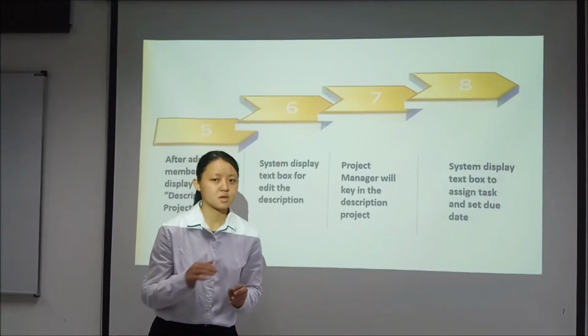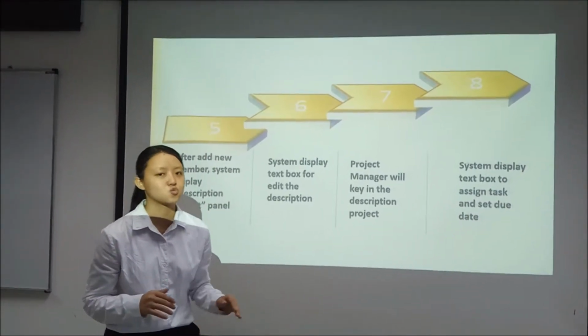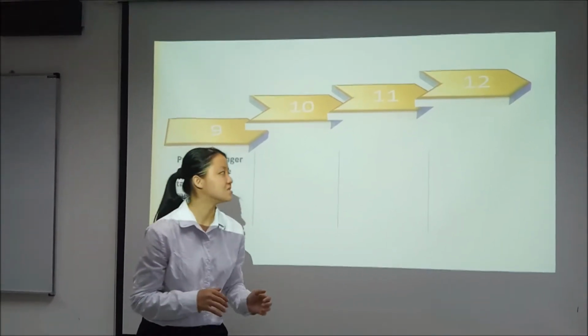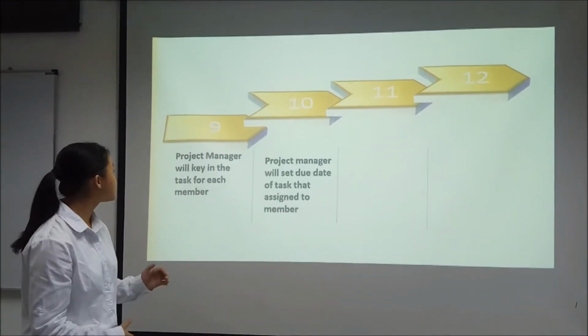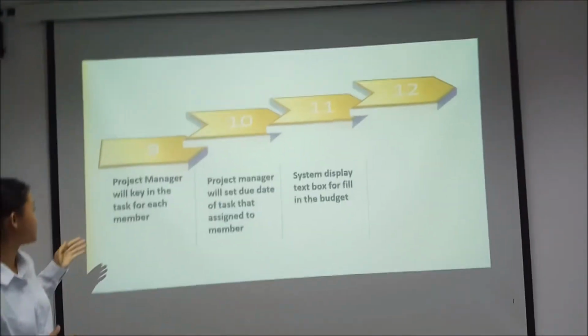After type the description, then project manager can start to assign the task to the member. Each member has different tasks. Project manager will give the task as long as this.